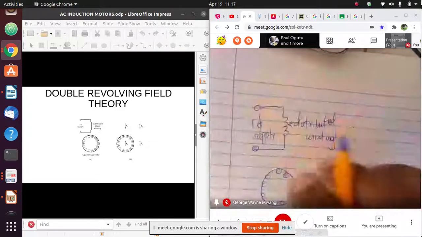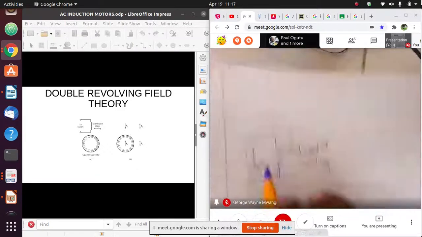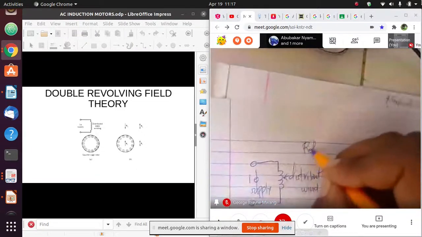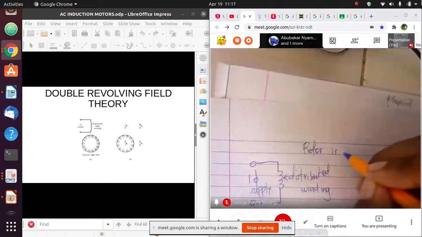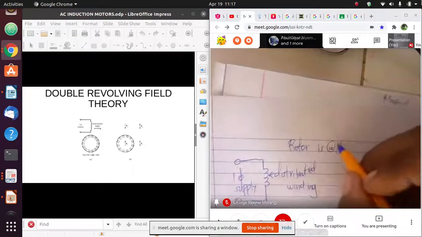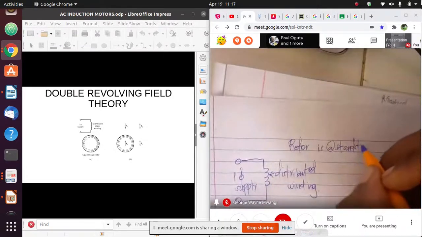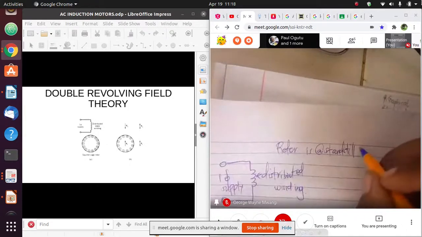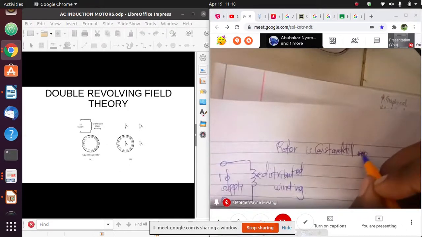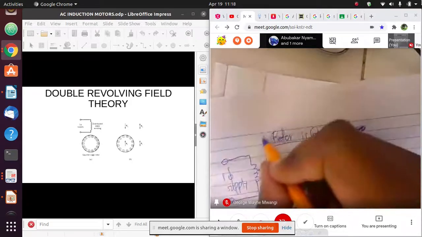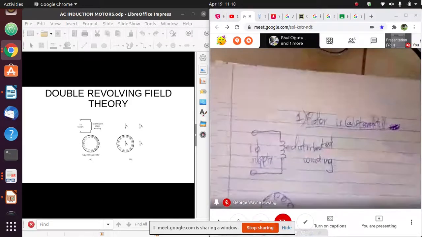Now we are talking about when the rotor is at standstill. The rotor has not been manually moved. The rotor is not moving. The rotor is at standstill. Now we are talking about the operation of a single phase induction motor.